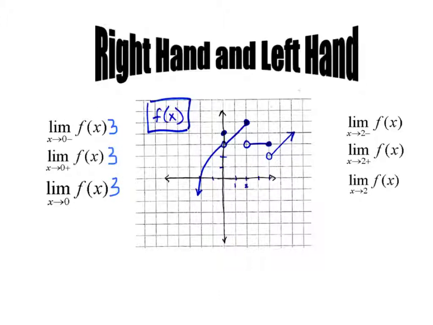Okay. Next, approaching 2 from the negative side. From the negative side, we're approaching 2. Looks like we're approaching a y value of 5. From the positive side, looks like we're just approaching 3.